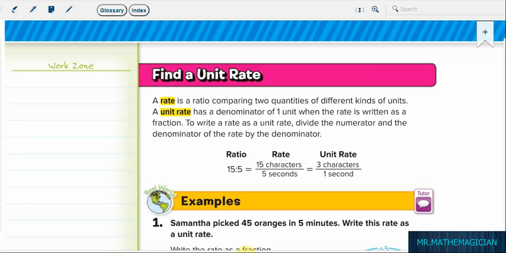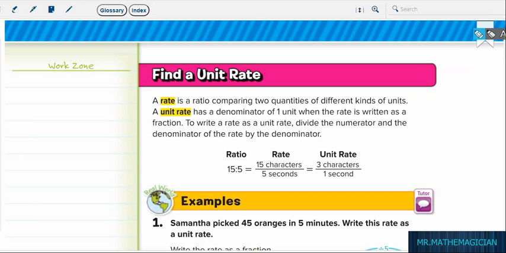So, if we have 15 characters in 5 seconds, it's clear that characters and seconds are different units. That's why it's a rate. And we can divide both numerator and denominator by the denominator, which is 5.